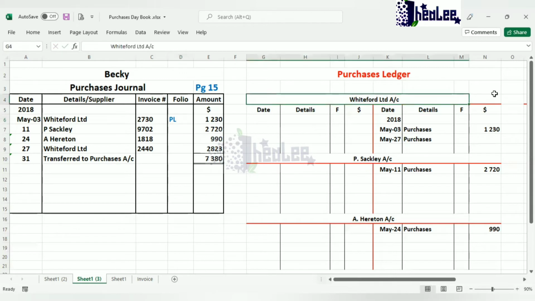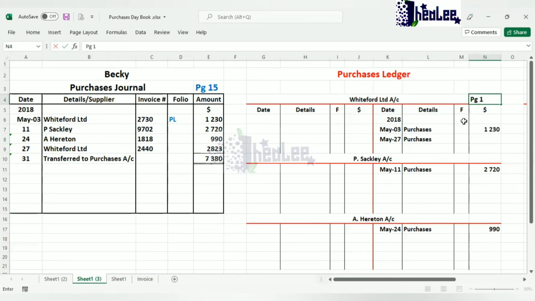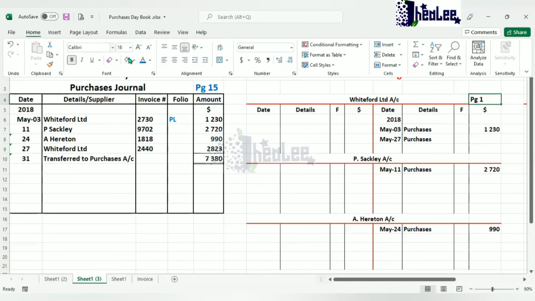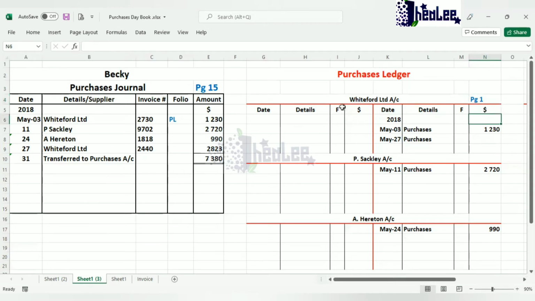Over in the purchases ledger, we need to give Whiteford Limited's account a page, so I'm going to call it page 1. In the purchases journal, we need to complete the folio for that first entry, Whiteford.